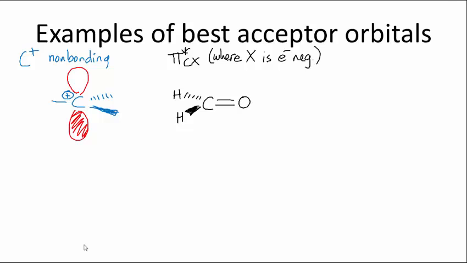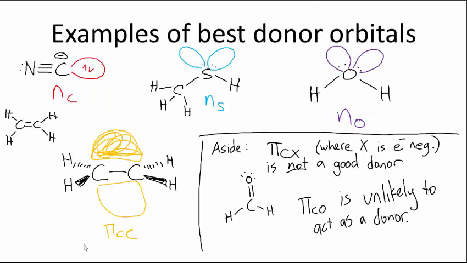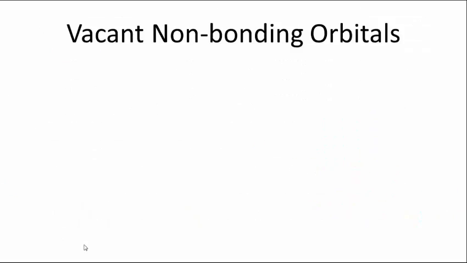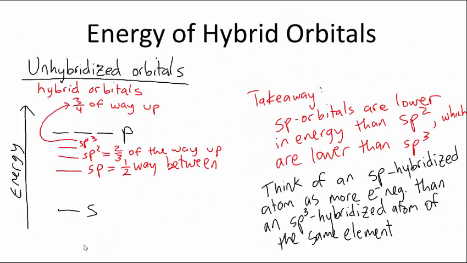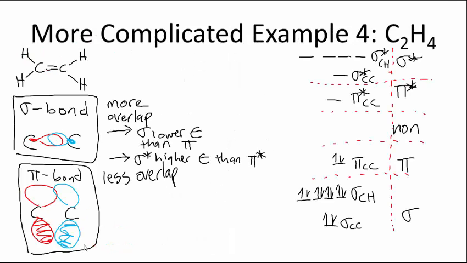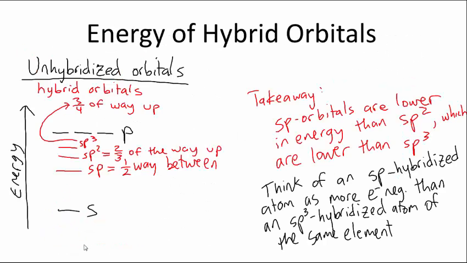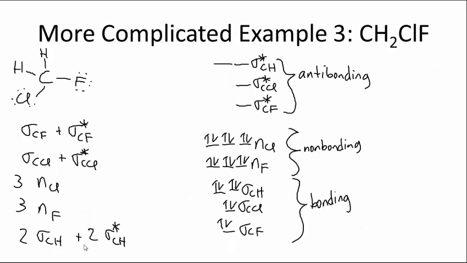Which side, carbon or oxygen, is going to have a bigger part of the antibonding orbital? Let's go back a bit. Let's see, where did we talk about it?